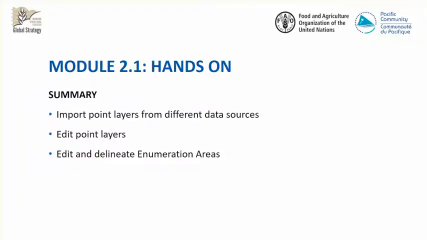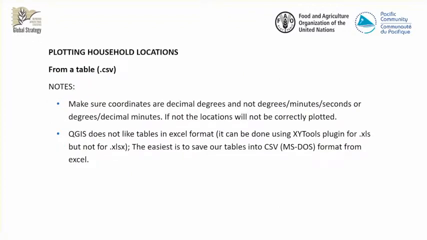And then we are going to edit point layers. We are going to change the location. And we are going to create an enumeration area polygon from scratch, okay?